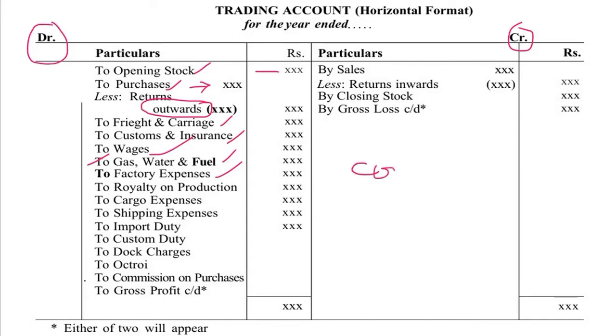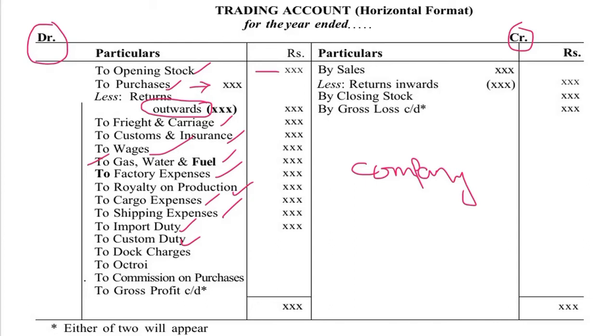A company is going to buy each and everything it wants. So let us see royalty and production. Whatever production you are preparing, for that also we need to buy the goods. Those all come under here. Then cargo expenses, shipping expenses, then import duty, customs duty, like this, guys.